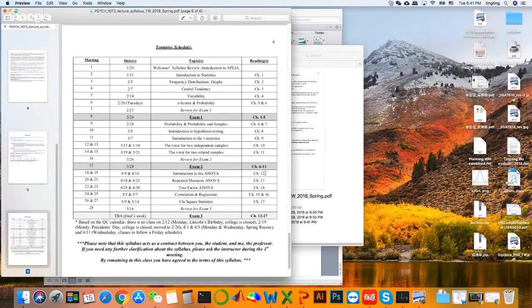We cover chapter 12, which is the introduction of ANOVA, and then chapter 13, which is the repeated measures ANOVA, chapter 14, the two-factor ANOVA, chapters 15 and 16, regression and correlation, and chapter 17, the chi-square statistic.